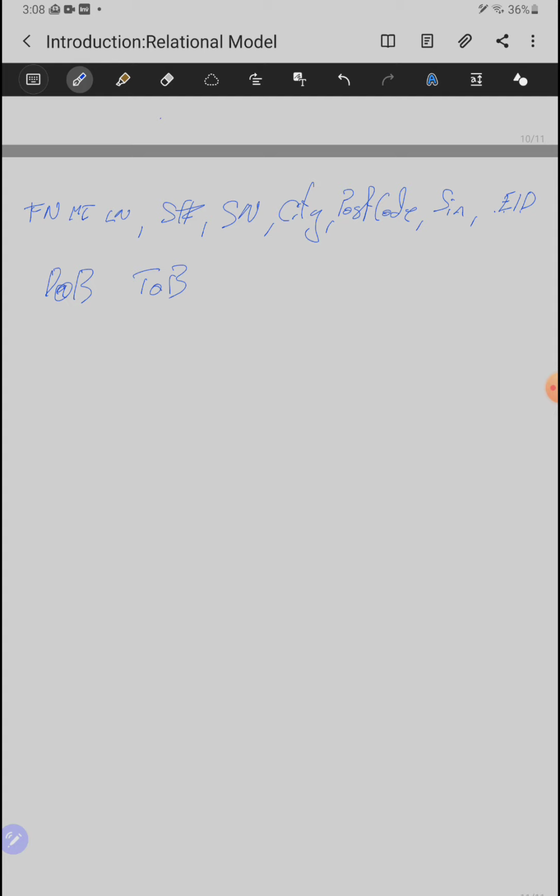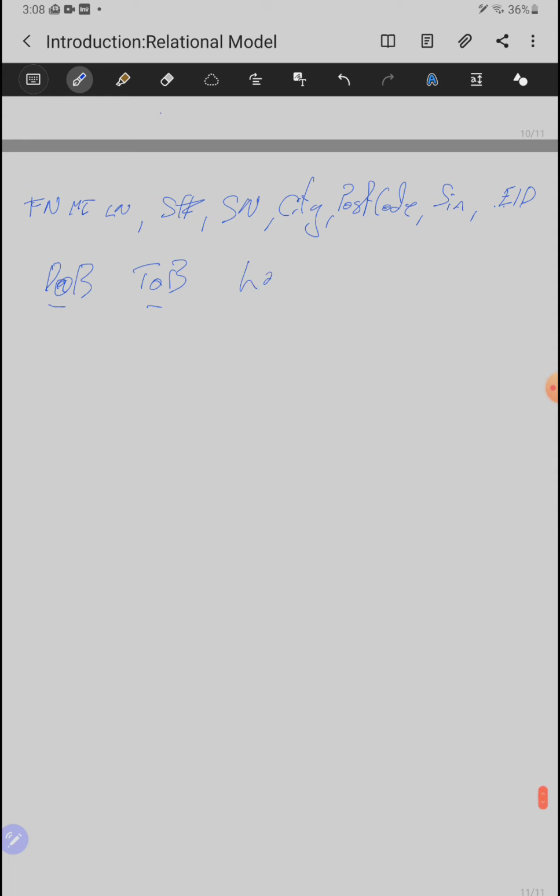Now here's something interesting. Two people can have the same date of birth and time of birth. Can two people have the same date of birth, time of birth, and location of birth?